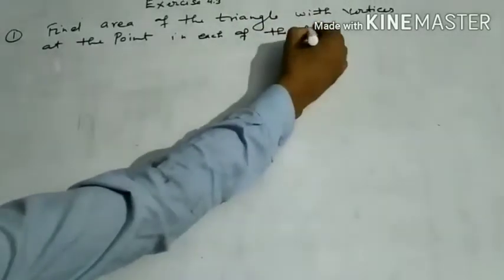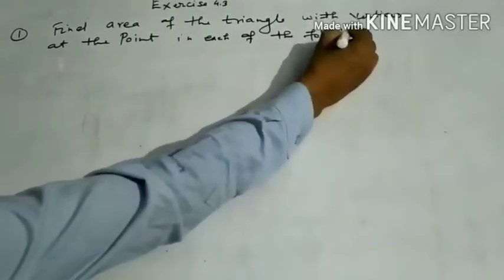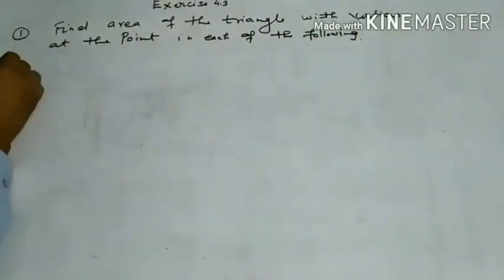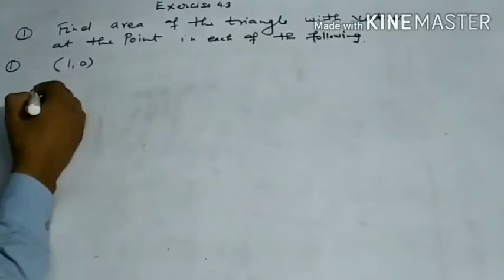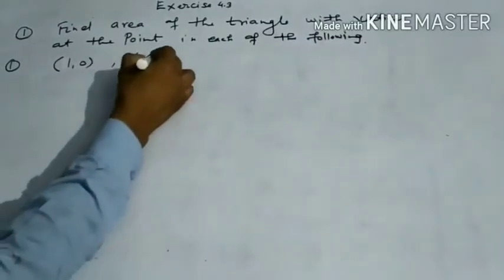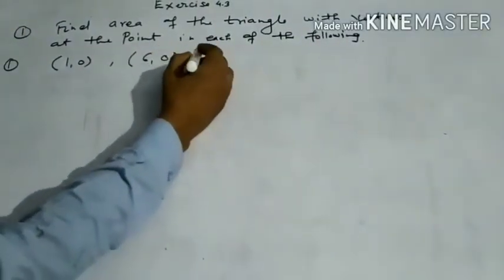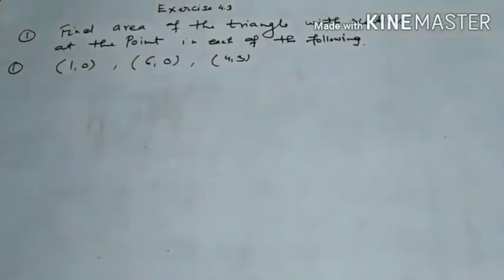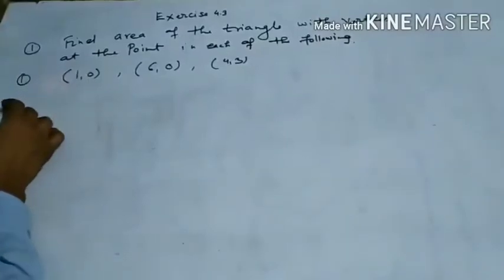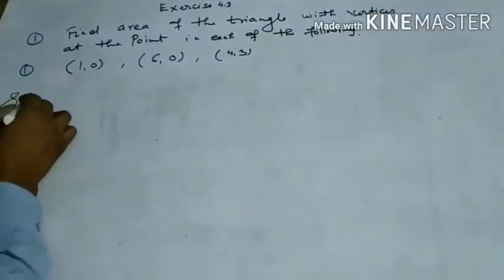In number 1, the coordinates of the vertices are first 1, 0, then 6, 0, and then 4. Then we have to see the solution.